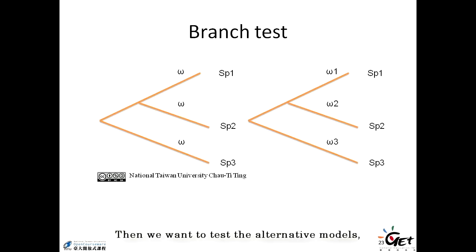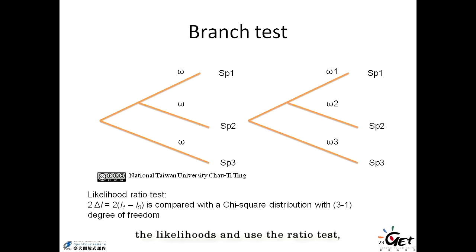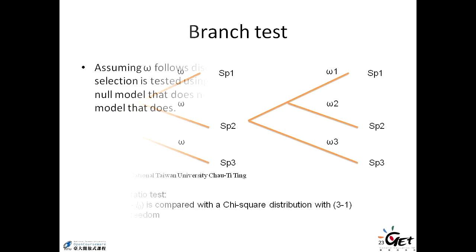Then we want to test the alternative models. The models will come up a little bit later. For each model, we estimate the likelihoods and use the likelihood ratio test to see which model is better than the other one, and that's based on the chi-square test.